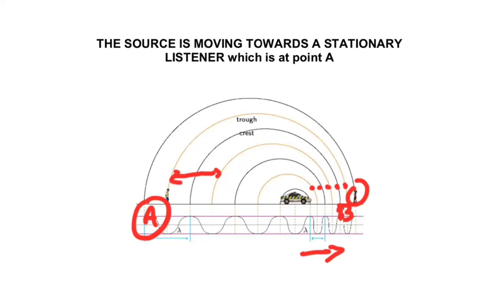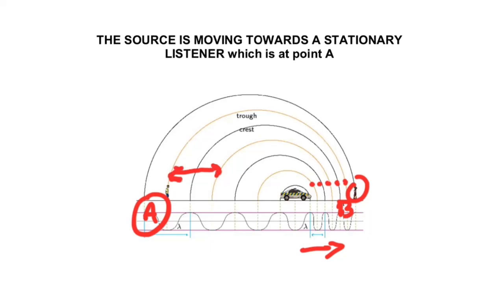We have a longer wavelength and as a consequence, a lower frequency. This change in the frequency observed because of relative motion between a sound source and the listener is what we refer to as the Doppler effect.